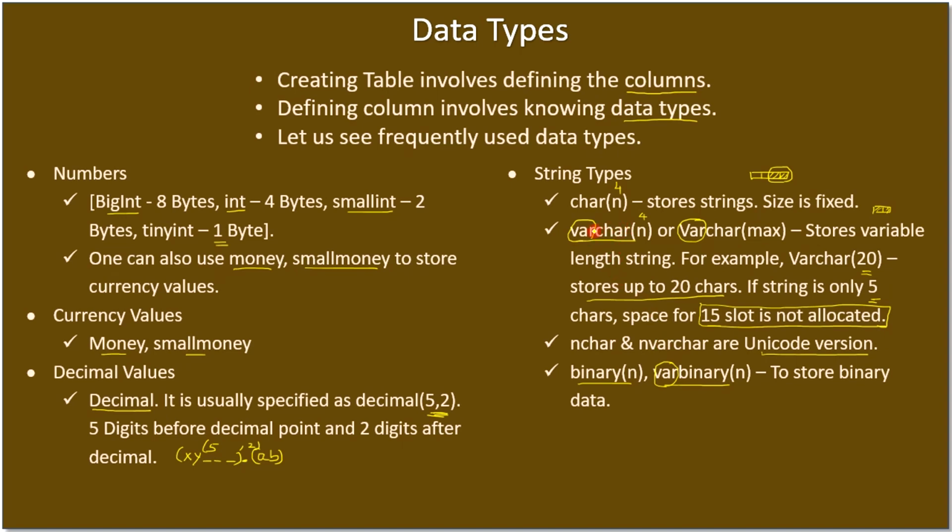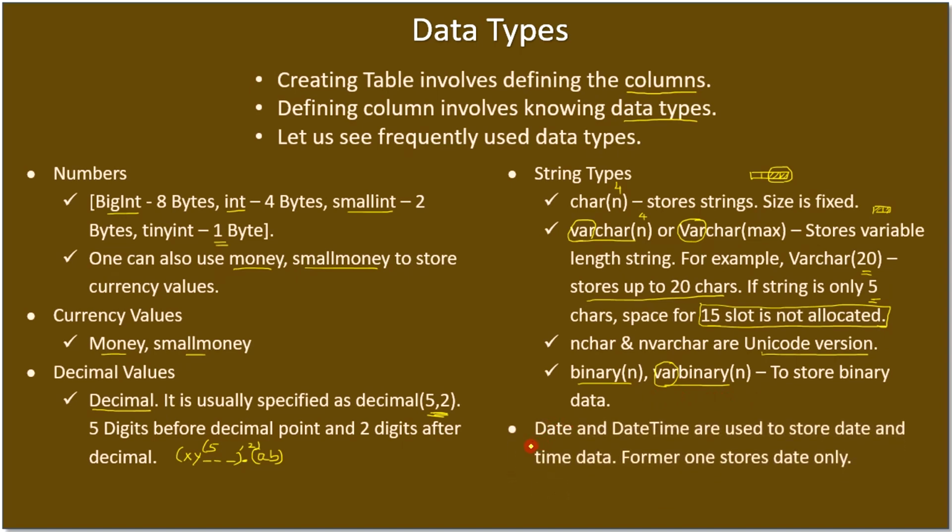Even though you specify varchar(20), if you use only 10 characters, then 10 will be released. Similarly for binary, where binary(1000), if you use only 700, then the remaining 300 slots will be released and are available for other storage.